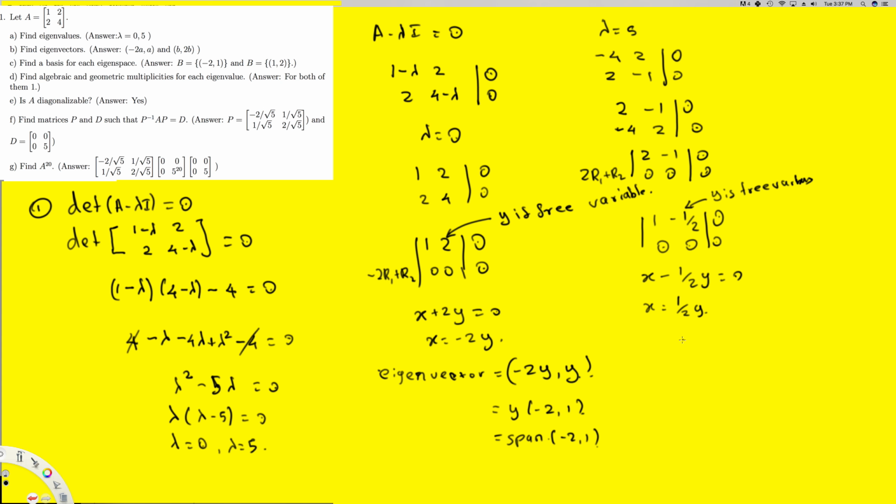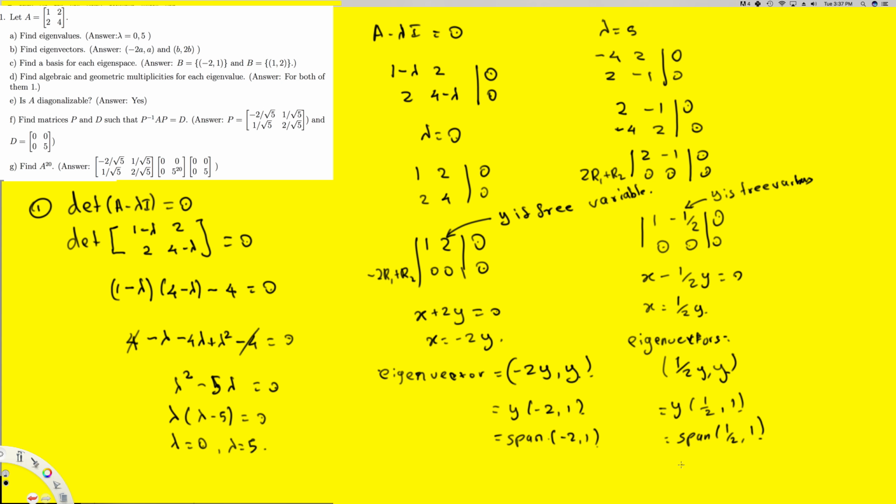From this one we can write the answer for the eigenvectors. So the eigenvector is going to be half y, y, and if I take y common, this is going to be half, 1, and we can write this one as the span of half, 1.